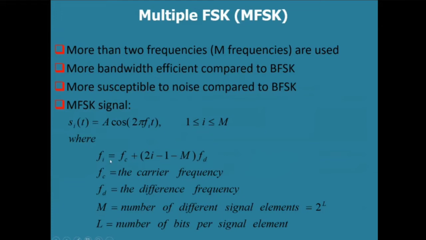Here f_i equals f_c, the carrier frequency, plus (2i minus 1 minus M) f_d, where f_c is the carrier frequency, f_d is the difference frequency, and M equals 2 to the power L, where capital L represents the number of bits per signal element.